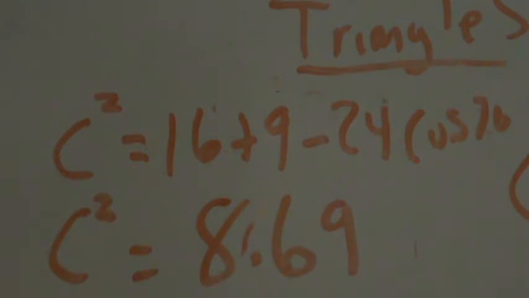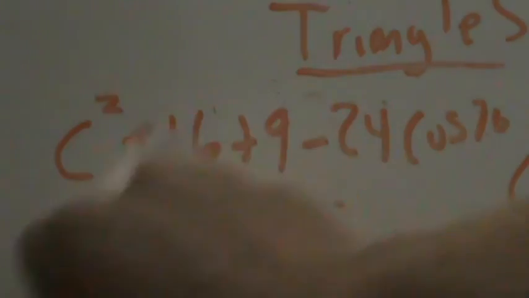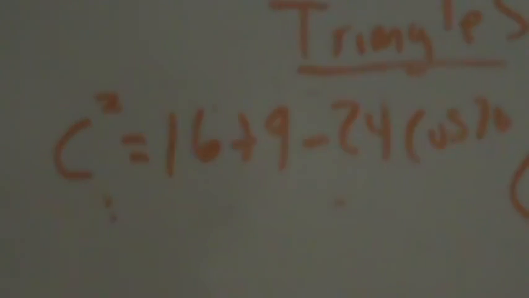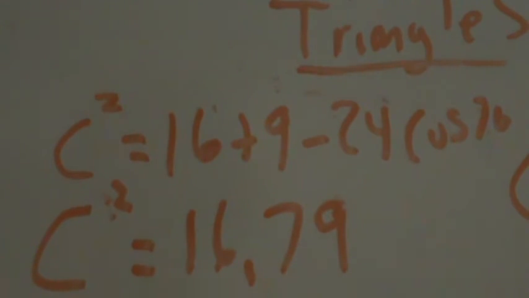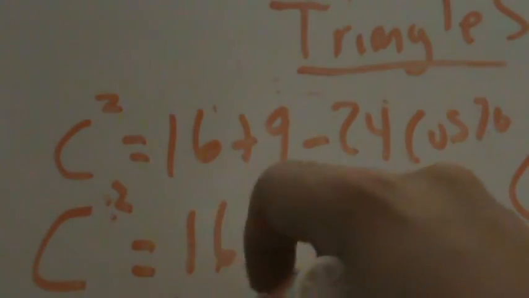I messed that up. Okay, that seems a little bit better. So c squared equals 16.79. So if you take the square root of that, you get that C equals 4.09.